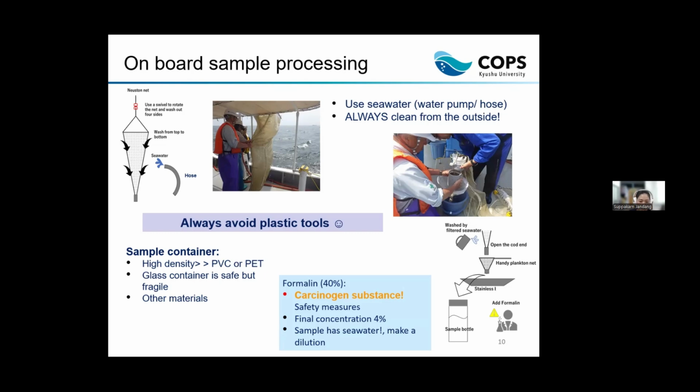After that, you're going to preserve your sample. We recommend using formalin, 4% formalin, to preserve your samples. Otherwise, many kinds of reactions could occur and could affect your microplastic samples. So fix it with the formalin.